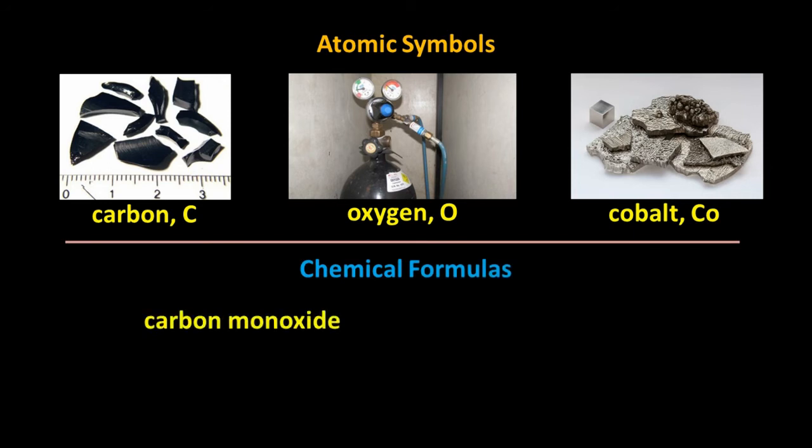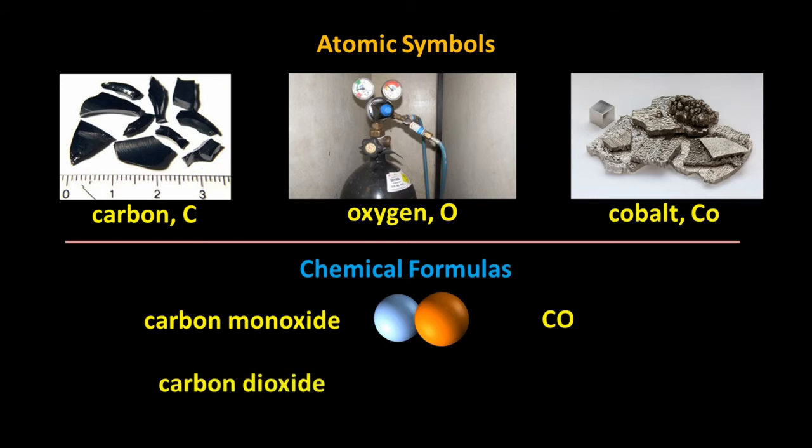Carbon monoxide is an invisible poisonous gas made up of one carbon atom attached to one oxygen atom. Its chemical formula is capital C, capital O. Whenever you see a capital in a chemical formula, you know it represents a different atom. Carbon dioxide is made of one carbon atom bonded to two oxygen atoms, so its chemical formula is CO2.